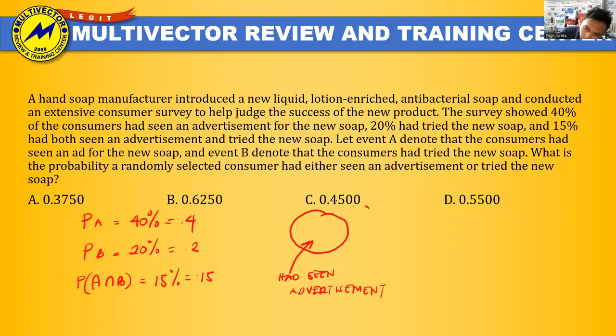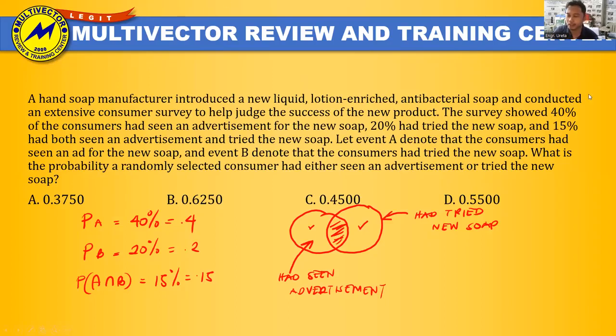So para siyang meron silang overlapping area. Okay, ito naman sir yung mga tao na tried new soap. Okay? So dito, so tatandaan, ang hinahanap lang is probability ng either nakakita, so yun, or gumamit ng soap. Pero hindi pwedeng i-include yung both na nakakita at gumamit ng soap natin.